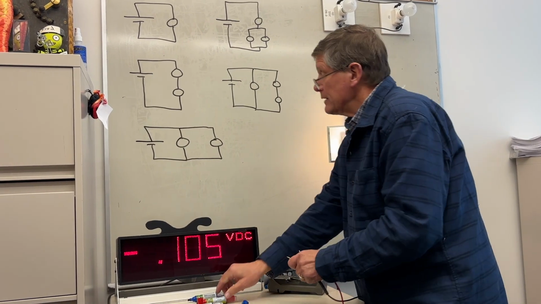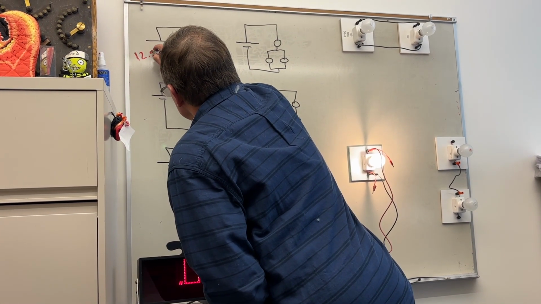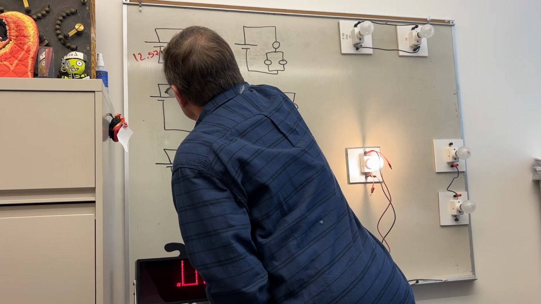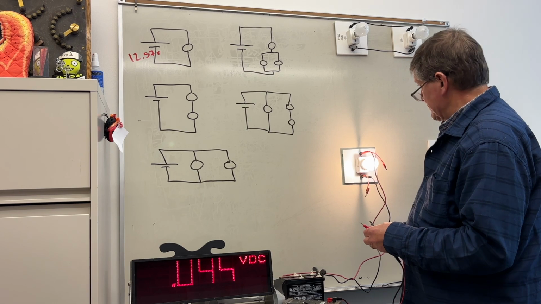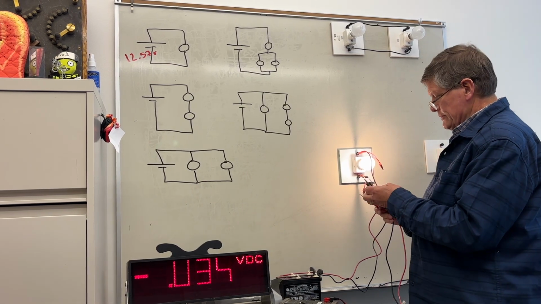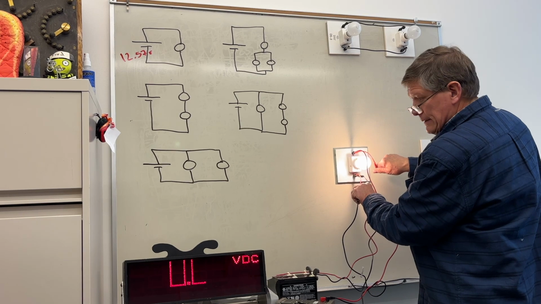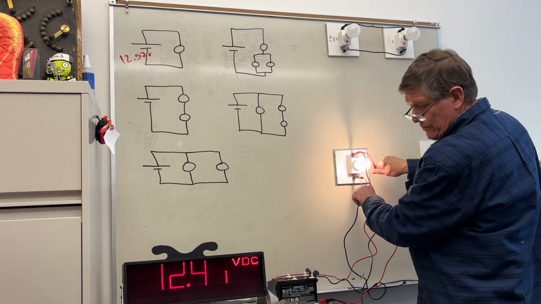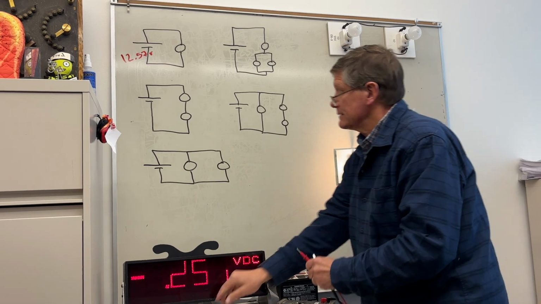So I'm going to write that up here, and I'm going to leave off the volts there just to save us some time. And now I'm going to measure the voltage across the bulb. 12.41.